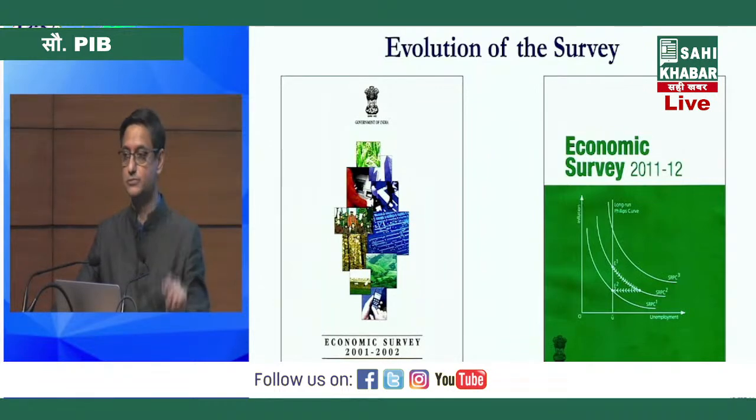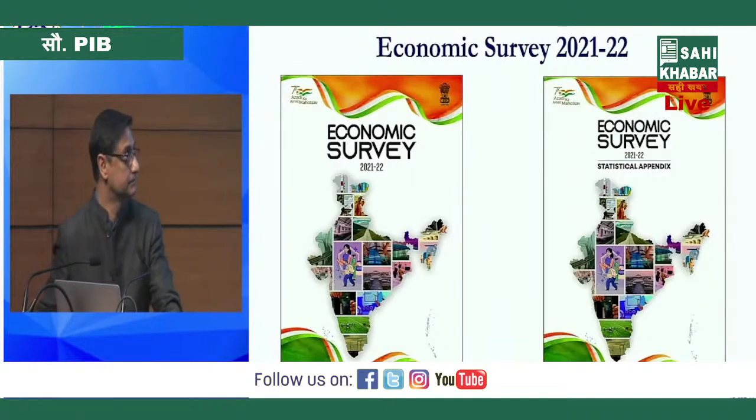So there were 2 volumes, but in this format. But in the subsequent years, it ended up with a volume 1 and a volume 2. The first volume tended to have thematic chapters, and the second had the more traditional sectoral type chapters. That has now been changed in this economic survey, and this is what it looks like.